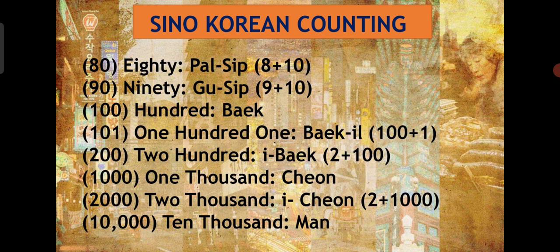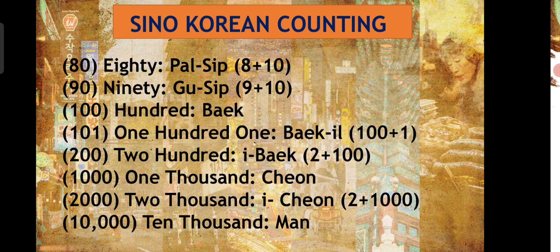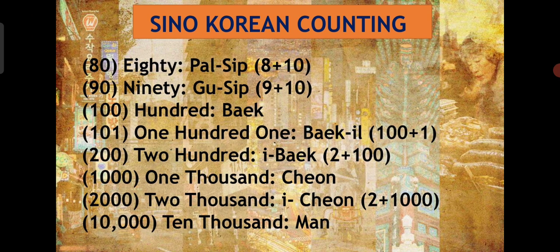Like we studied 200, ibek, 2000 is ichun, and 10,000 is man, same as in the native Korean counting system. Got it? So repeat after me. Pal ship, gu ship, bek, bek il, ibek, chun, ichun, man.